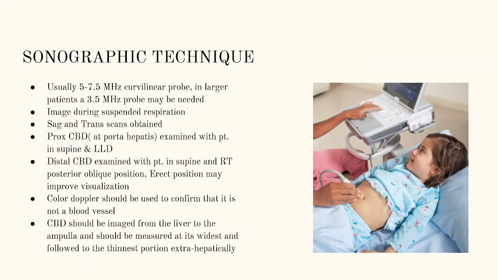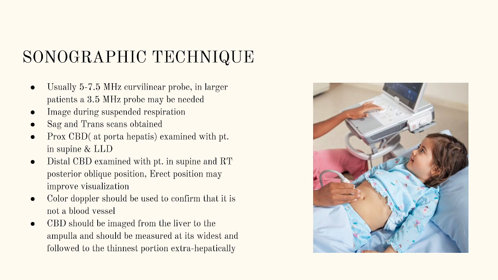To scan the biliary tree, we will need a 5 to 7.5 MHz curvilinear probe. In larger patients, we may use a 3.5 MHz probe for further penetration. If the patient is cooperative, we should image during suspended respiration. Sagittal and transverse images will be obtained.